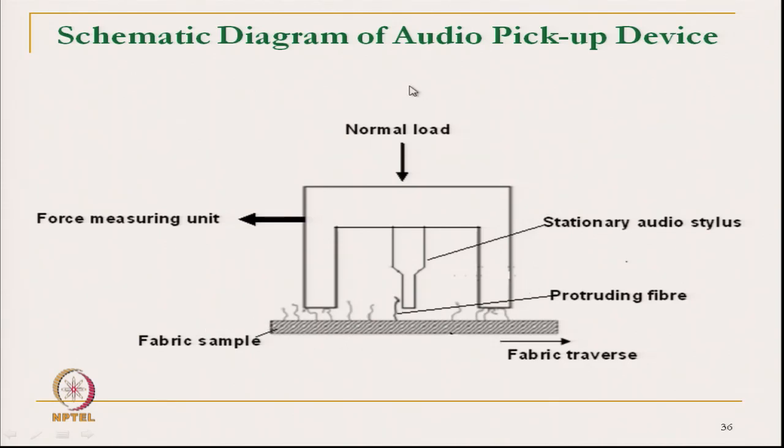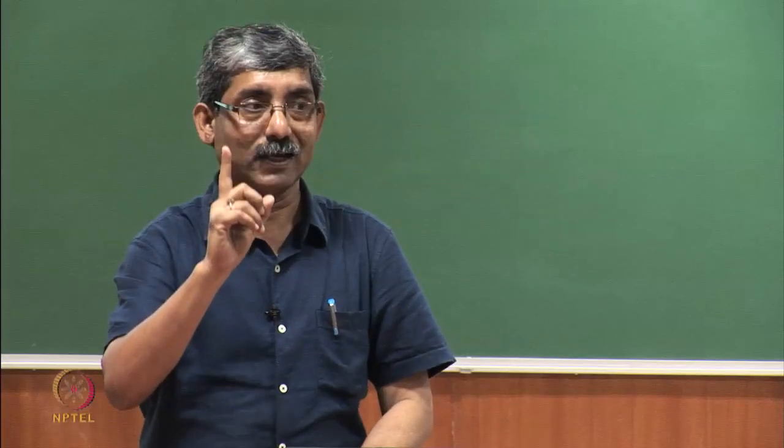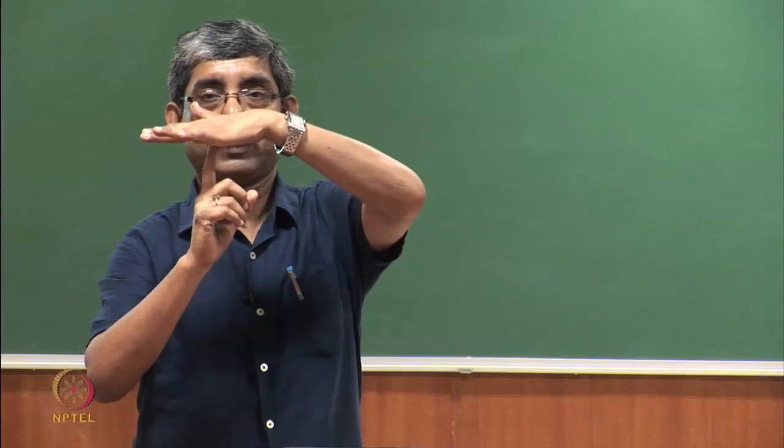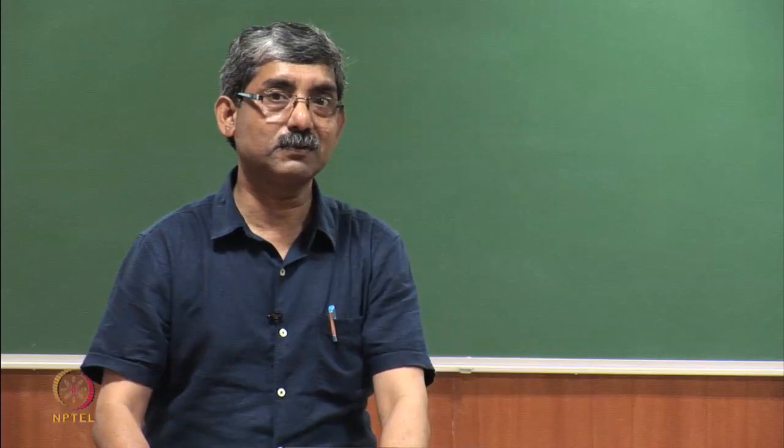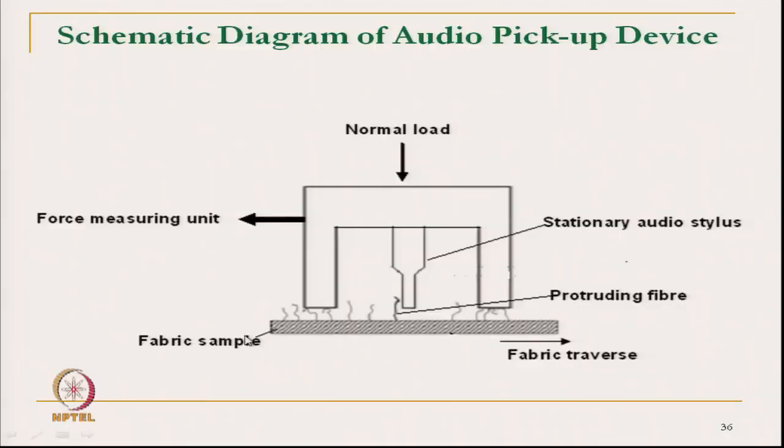Now, where we have applied the normal load, this normal load gives the idea about the buckling force. So, we can measure the erected hairs, the projected hairs, and if we apply load, we have the buckling force. So, this gives the buckling force, and when we move the fabric here, the force is measured by the force measuring unit.